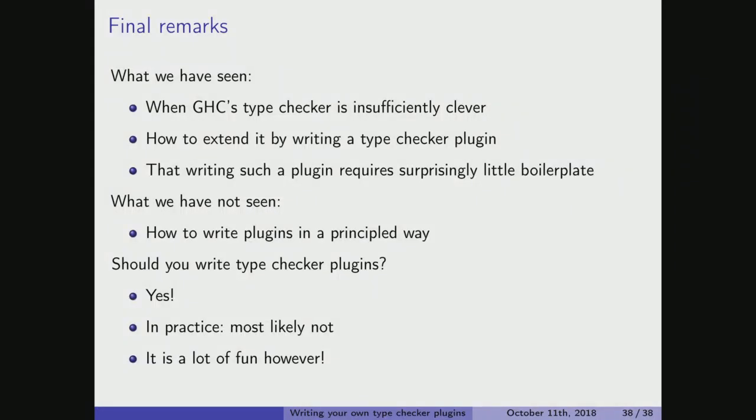So yeah, what have we seen so far? That there are situations in which your type checker is not clever enough, and that there's a way out of that problem by just teaching it a couple of new tricks. And when I was learning about this, I found it quite surprising how the boilerplate aspects of it are really not that substantial.